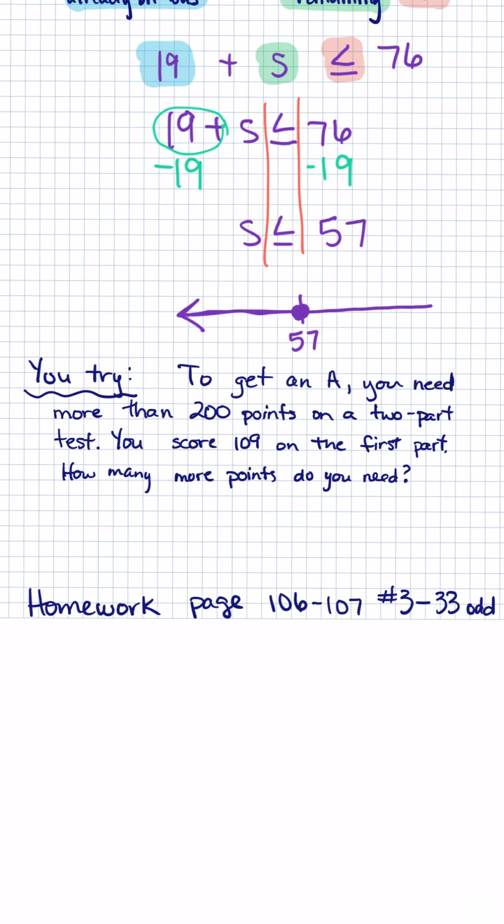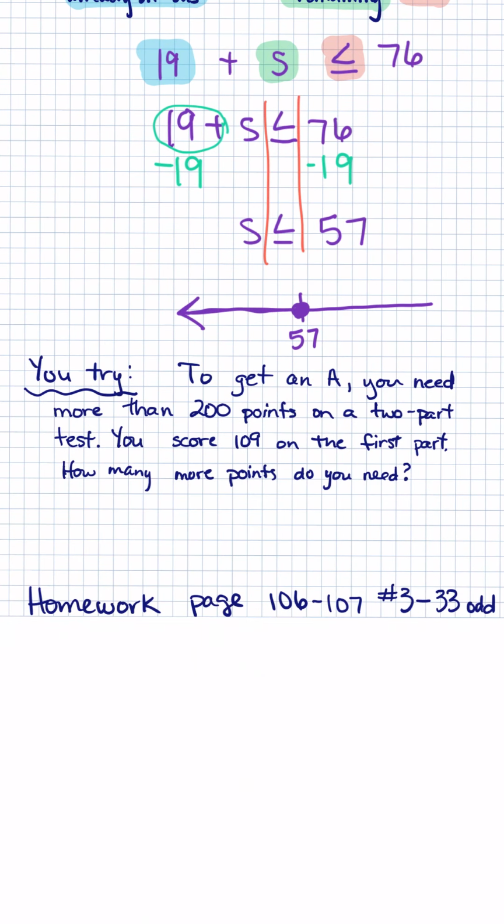To get an A, you need more than 200 points on a 2-part test. You score 109 on the first part. How many more points do you need? Okay, so you should have got 109 plus S, or you could have put it as S plus 109. You could use any variable, but I was using S for score.